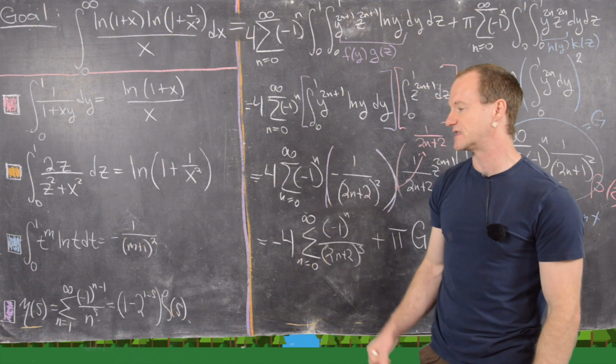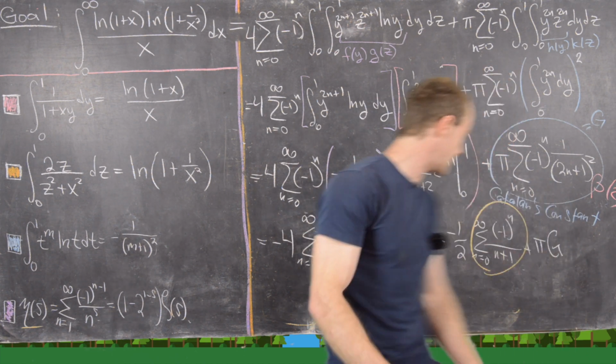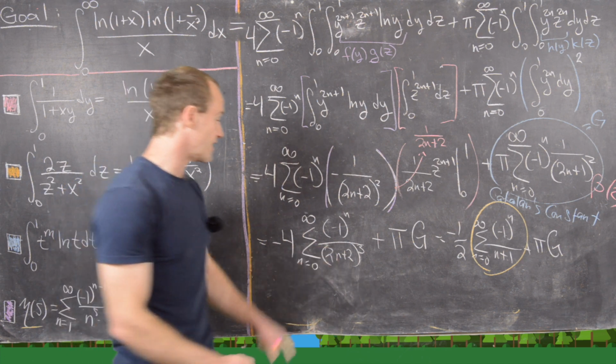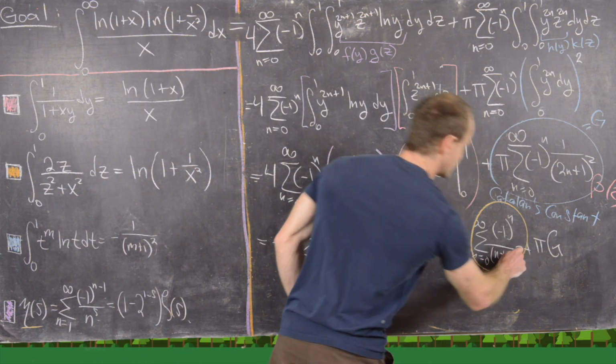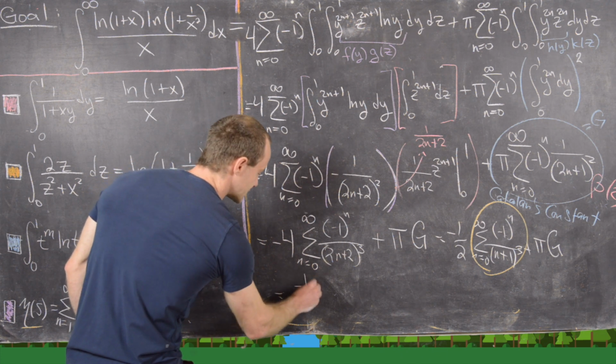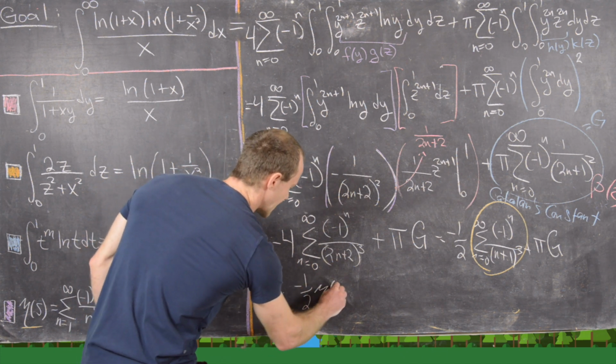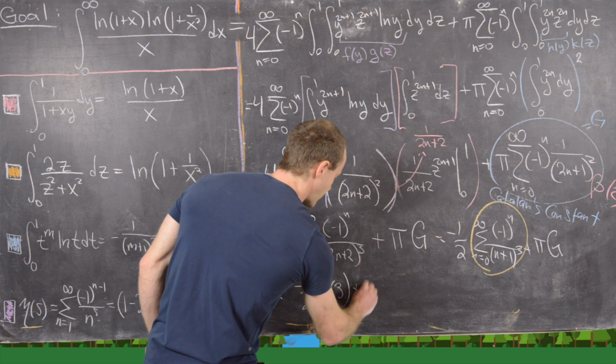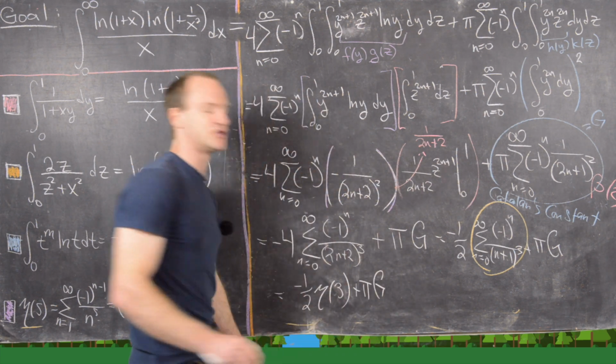In fact, it's the Dirichlet eta function evaluated at 3. Great. So here I get minus 1/2 the Dirichlet eta function evaluated at 3 plus pi times G.